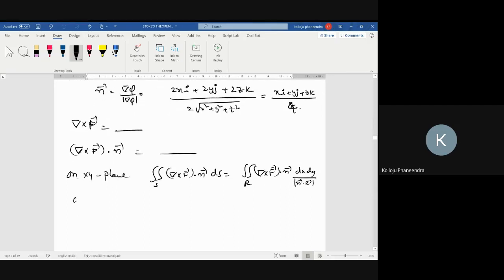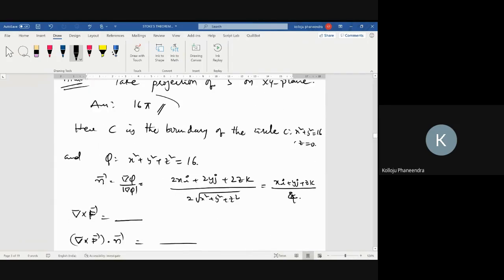R becomes the circle here, x square plus y square equal to 16. R is the region of the circle. You can find it. The answer is what I have given, 16 pi. You find this. Next question.